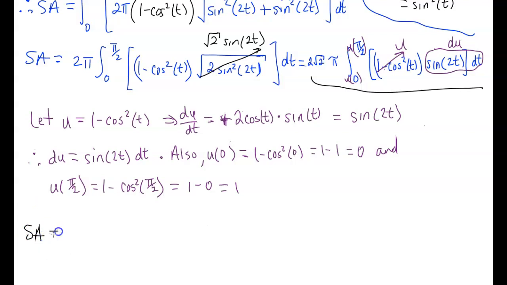So that means now our surface area integral will now be, instead of from 0 to pi over 2, it'll be u of 0, which we said was 0, to u of pi over 2, which we said was 1. Okay, so we have that. Of course, we have this factor here of 2 times square root of 2 pi.